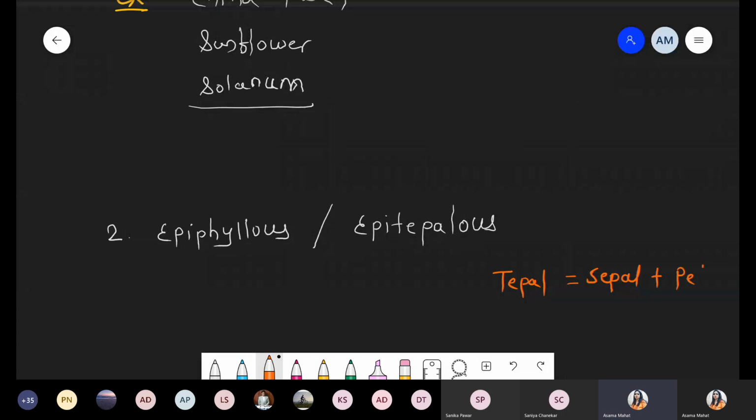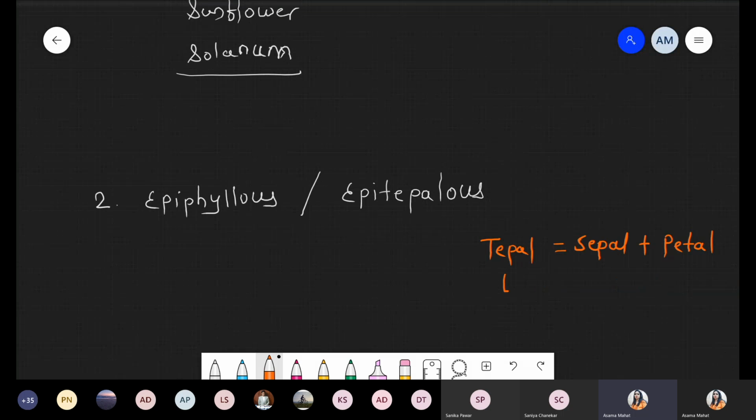Sepal plus petal means both are morphologically similar. Tepal is also called perianth, which is very common in the Liliaceae family. In a lily flower, we cannot distinguish which part is sepal and which part is petal. So simply we write this information: tepal is also called perianth.